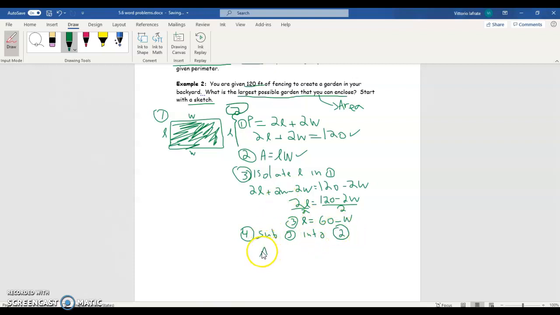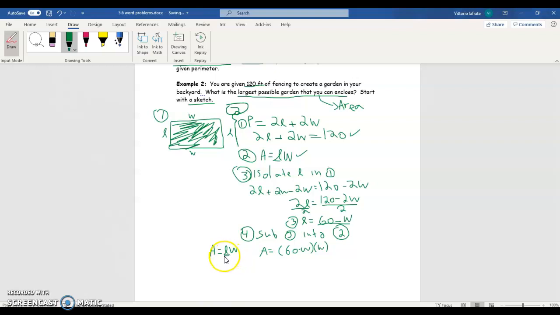When I do that, I get area equals, instead of writing L, I can replace the L by 60 minus W, because that is L. And then my W stays there, because my initial equation was A equals LW.